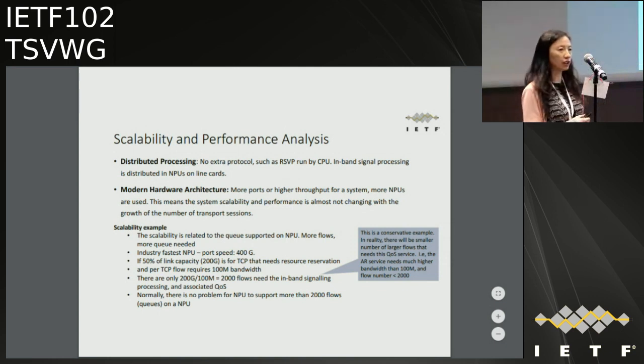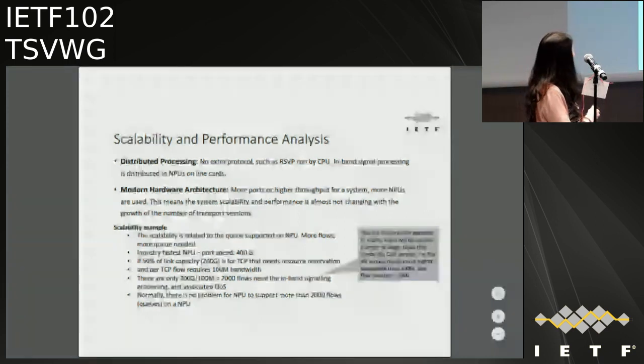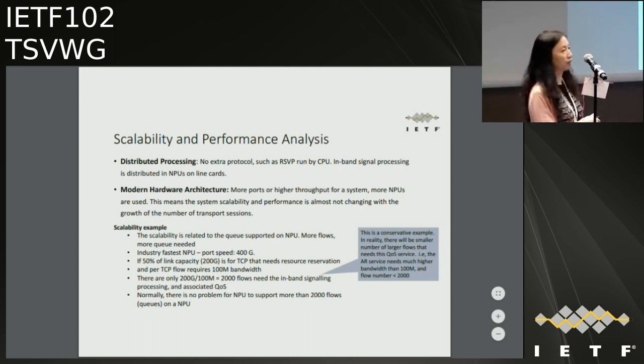So we have an example here. This is really large-number scalability. Let's say the largest port right now is 400 gig, and that has one NPU, and let's assume maybe half of the bandwidth we need to have resource reservation. That's 200 gig. And let's assume we have per-flow level reservation, then one flow is at 100 meg.